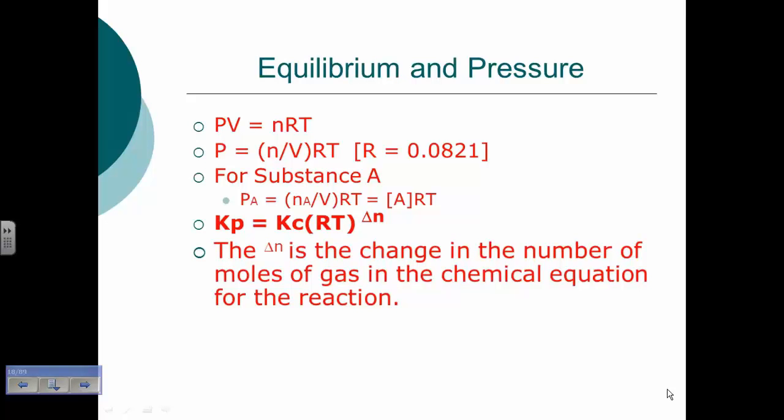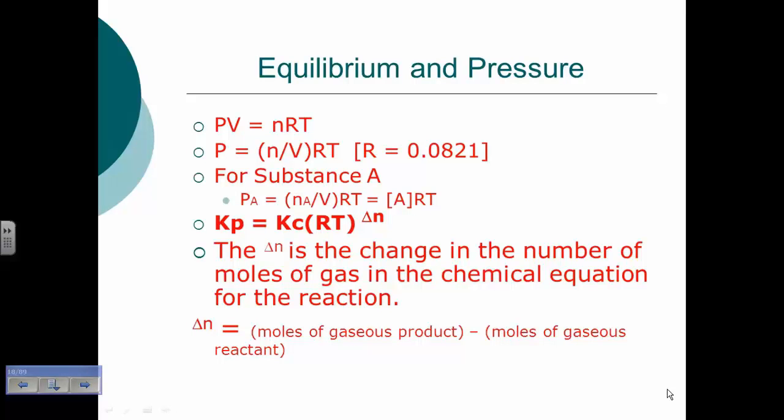The delta n. Well, delta we know stands for change, and n is the number of moles. Delta n is the change in the number of gaseous moles in the chemical equation, comparing products to reactants. Delta n is simply taking the moles of just gases, emphasize that to yourself, just gaseous product moles minus gaseous reactant moles.